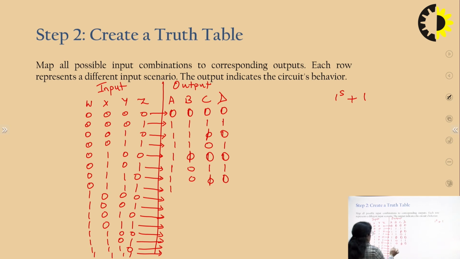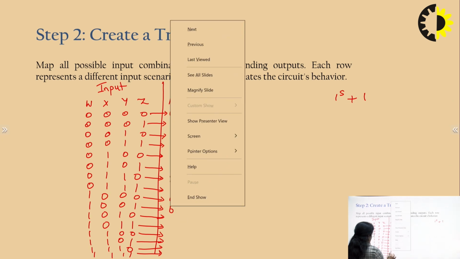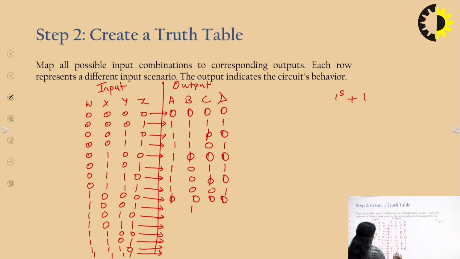So it's 1, 0, 0, 1, 0, 1, 1, 1, but I add 1 to it, so it's 0, 1, 1, 0 and 1. It's 0, 1, 0, 1 and now it becomes 0 and this will become 1.